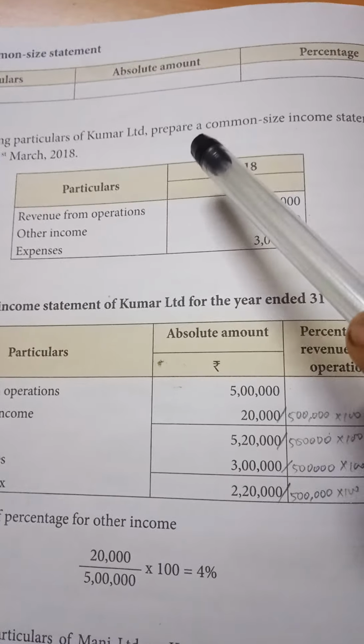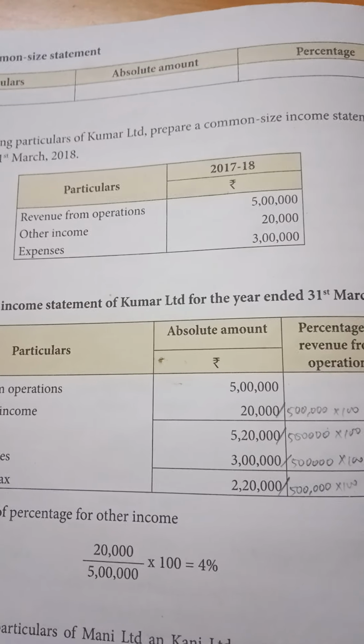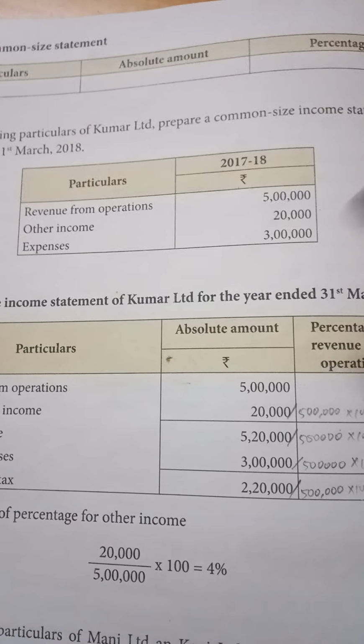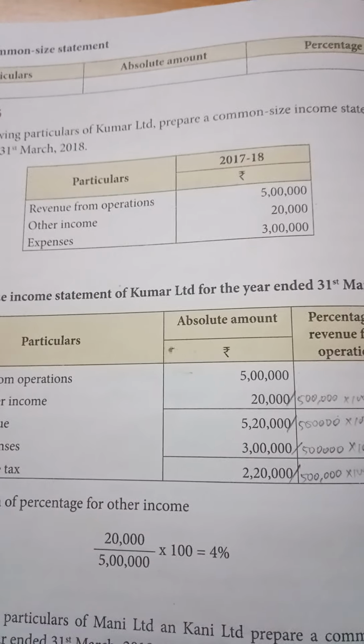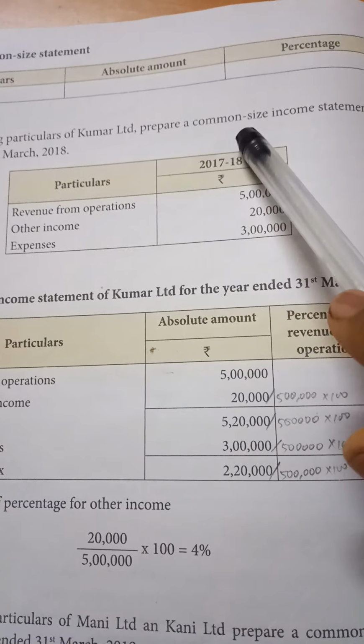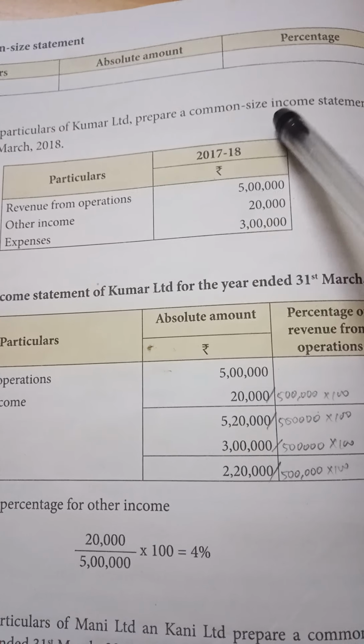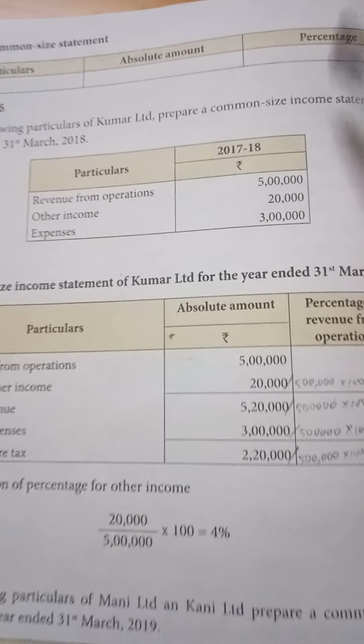Previously we would have seen prepare a comparative income statement, okay, because all the particulars given will be of the same pattern. So this is the place where you can easily identify which statement you have to follow.